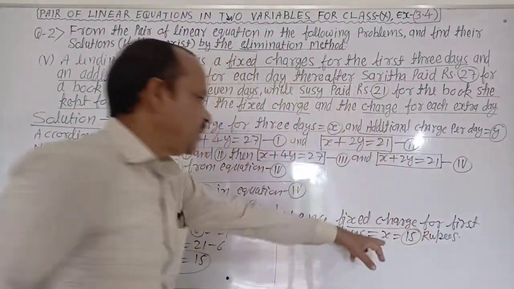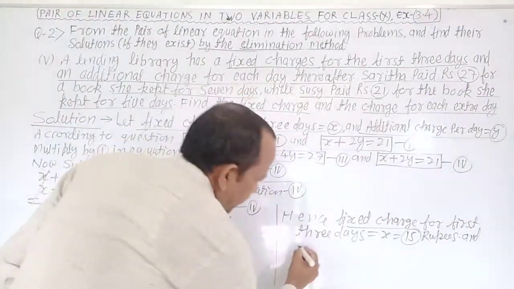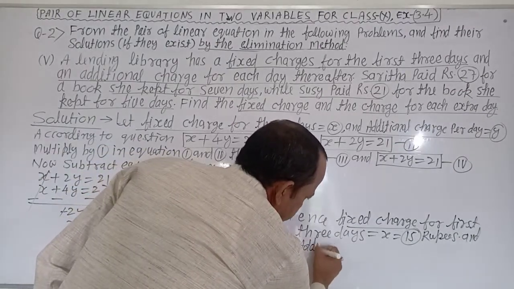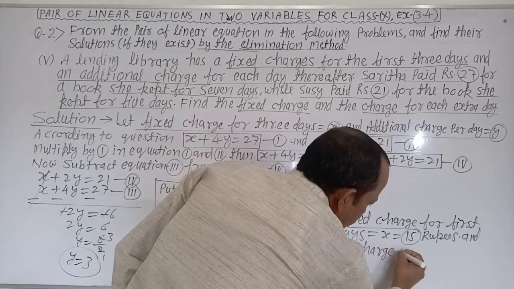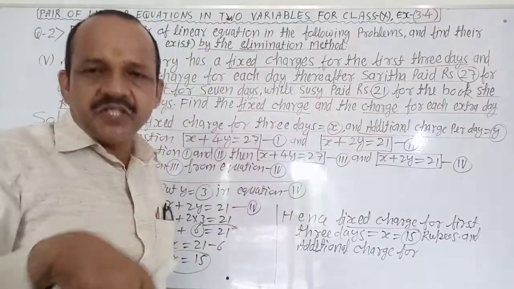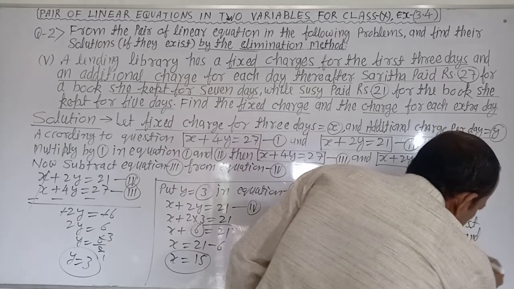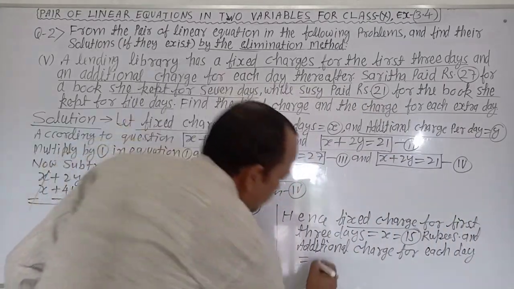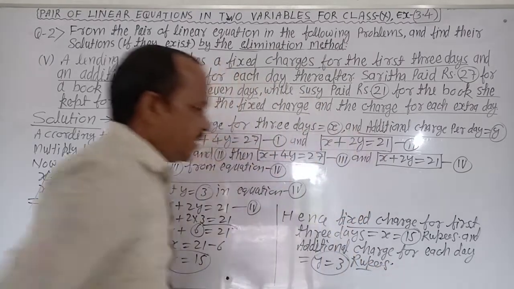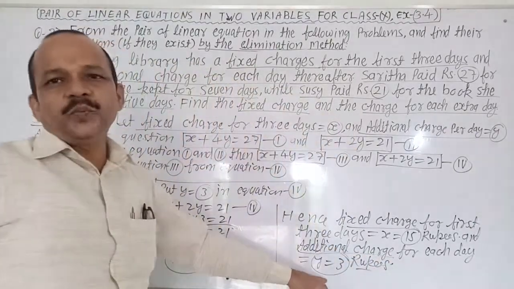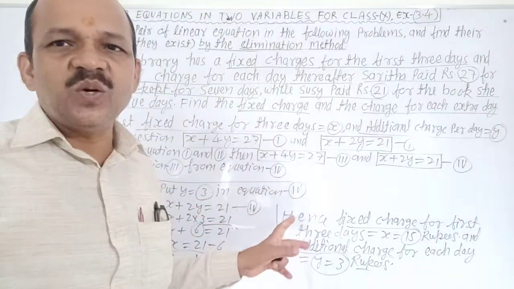Fixed charge 15 rupees, and additional charge for each day equal to y equal to 3 rupees. Additional charge 3 rupees, fixed charge 15 rupees. It is clear? No confusion about it?